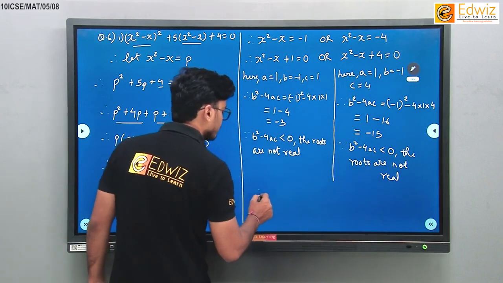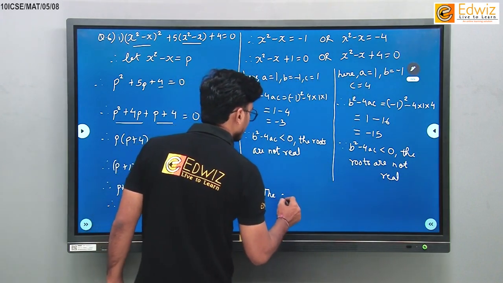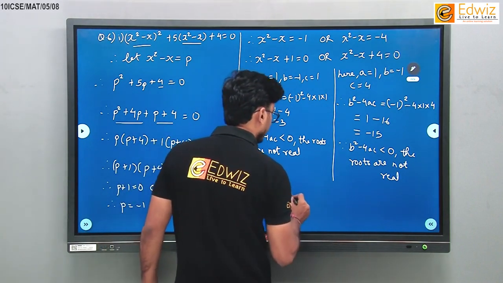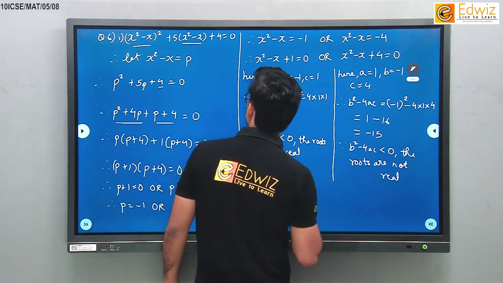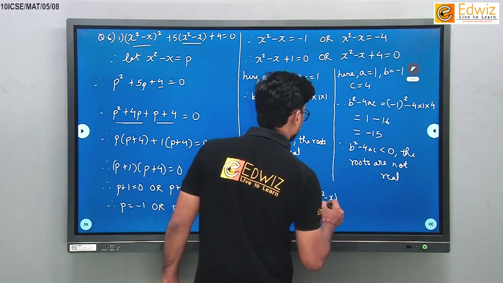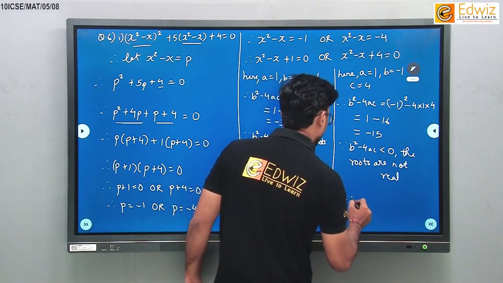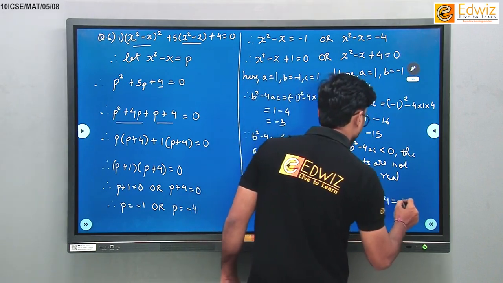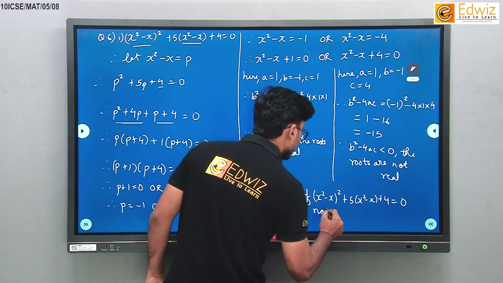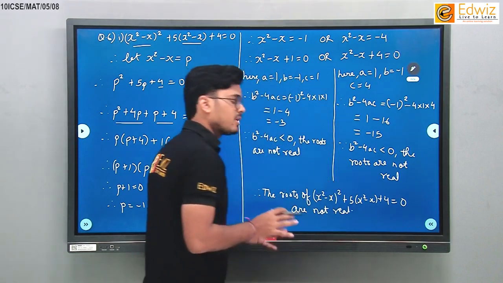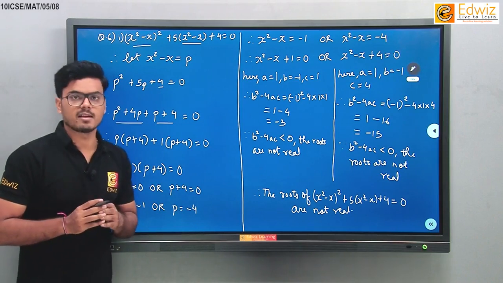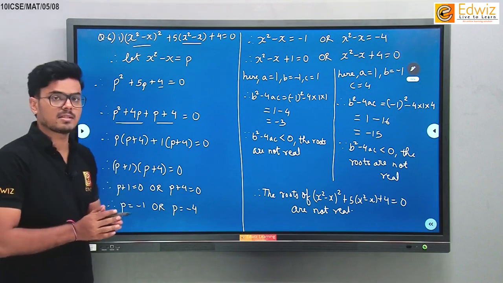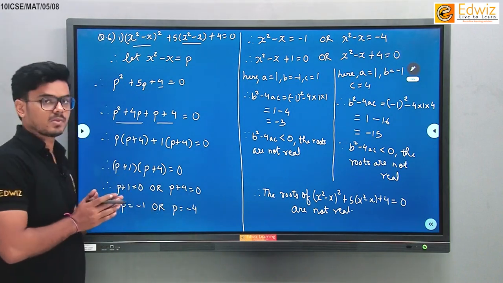Therefore the solution or the roots of the main equation x square minus x the whole square plus 5 into x square minus x plus 4 equal to 0 are not real, because we are not getting any real solution for both the equations that we found out. Okay, so we'll stop this question here. I'll give you some time to note this down, take 1 minute, then we'll go on to the next question.